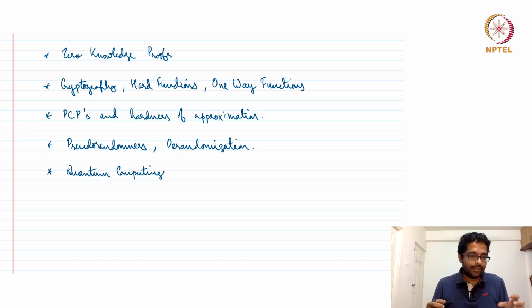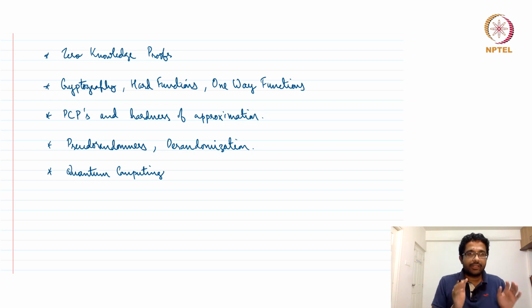When you make a measurement, it becomes 0 or 1 with some probabilities. Using that you are able to do some computations, and you need slightly different techniques to understand the power of quantum computation. For instance, factorization can be efficiently solved in the quantum setting. So quantum computation is an interesting topic in itself.